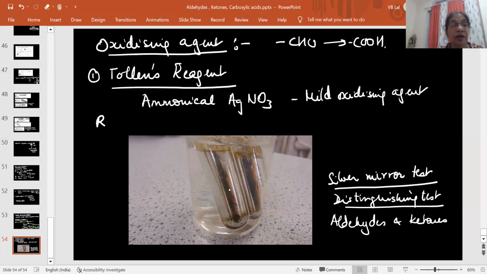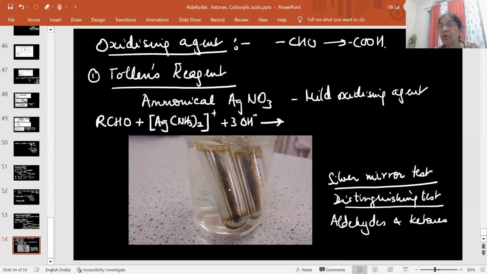If I write a general reaction, RCHO plus ammoniacal silver nitrate. You can write it as [Ag(NH3)2]+, this is a complex of silver. Square bracket means it's a complex ion, plus 3OH minus. I'll try to give you some easy method of learning it, but right now this is the equation.